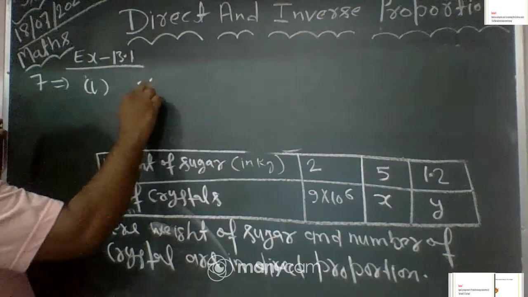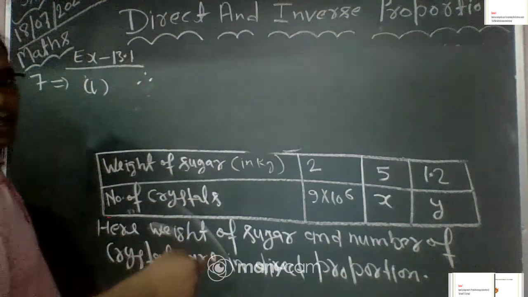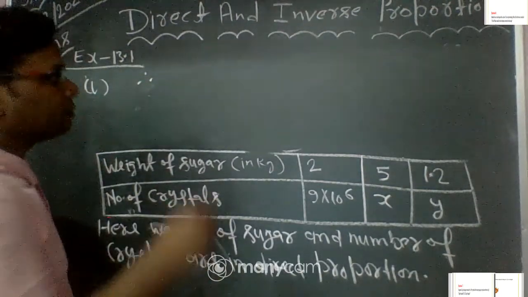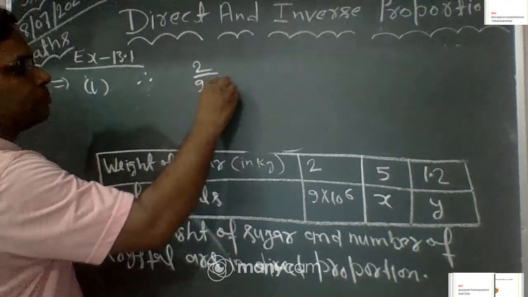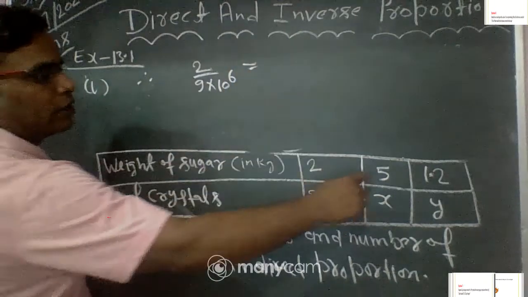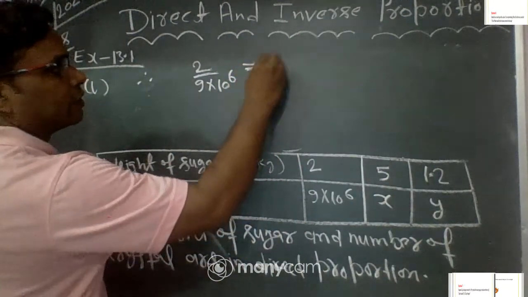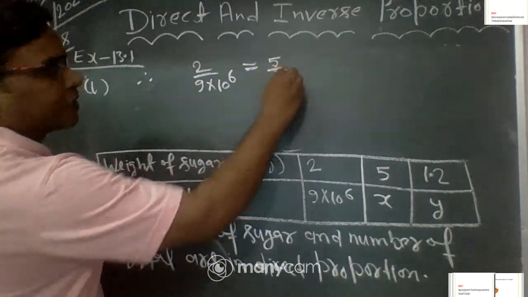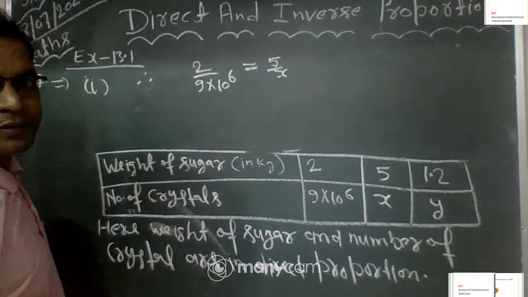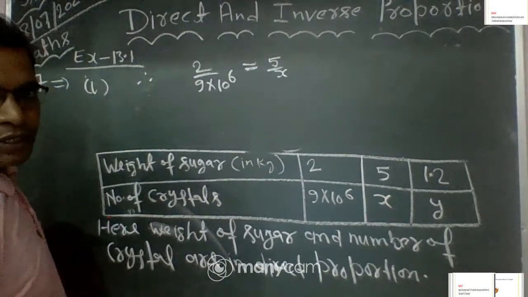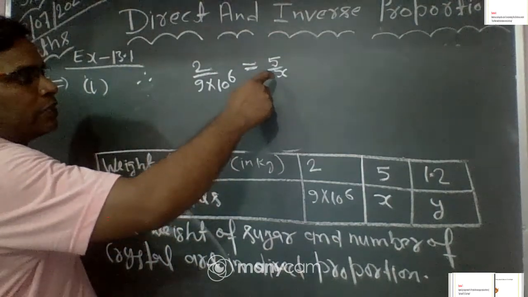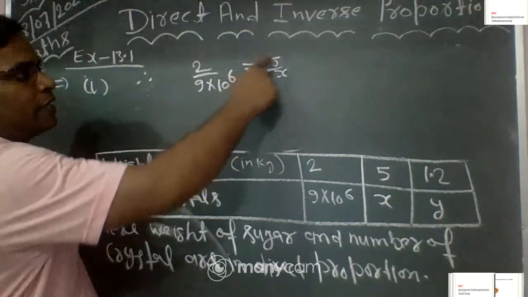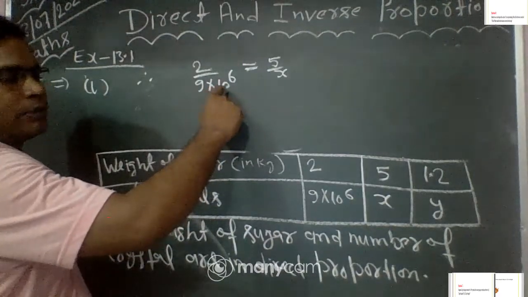Therefore you can write, because they are in direct proportion, 2 by 9 into 10 power 6 is equal to 5 by x. Clear? So by cross multiplication, you know cross multiplication, we multiply 2 into x and 5 into 9 into 10 power 6.